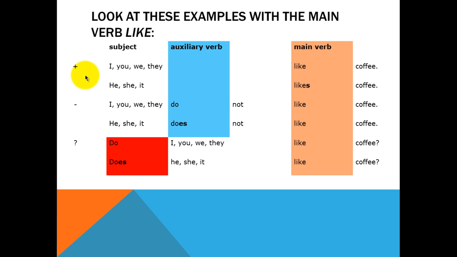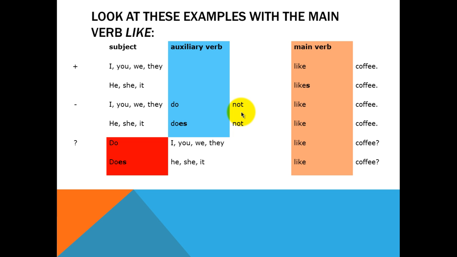Alright? Now, as for the negatives, again, I, you, we, they. But this time, we have something extra. We have the auxiliary verb do and not for the negative. Okay, so they do not like coffee.